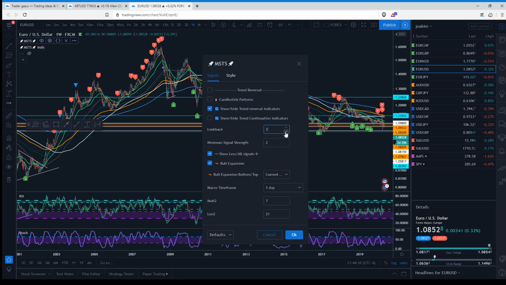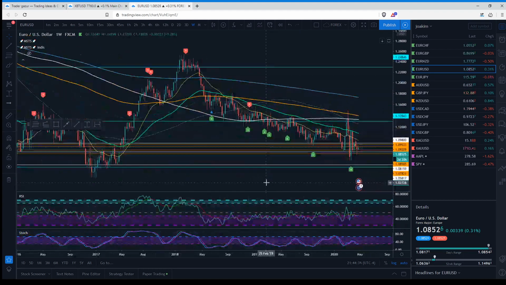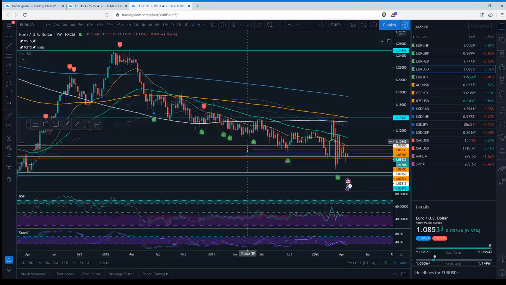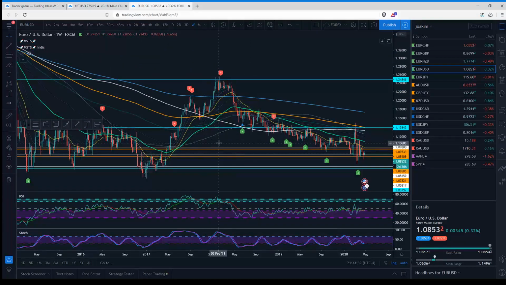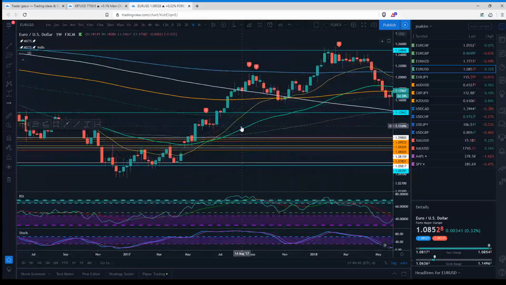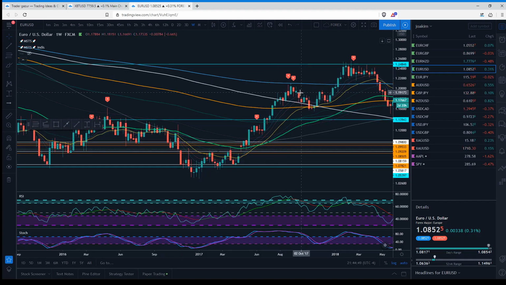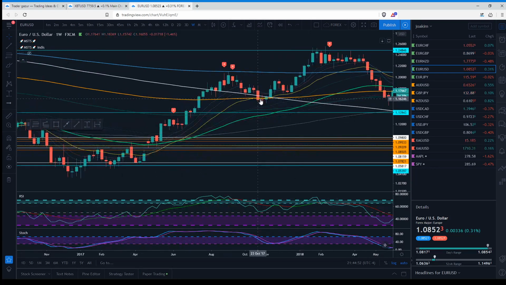Now, right here, let's see. Divergence, 2 pretty strong signals, rejection of the EMA, short, reversal, candle.